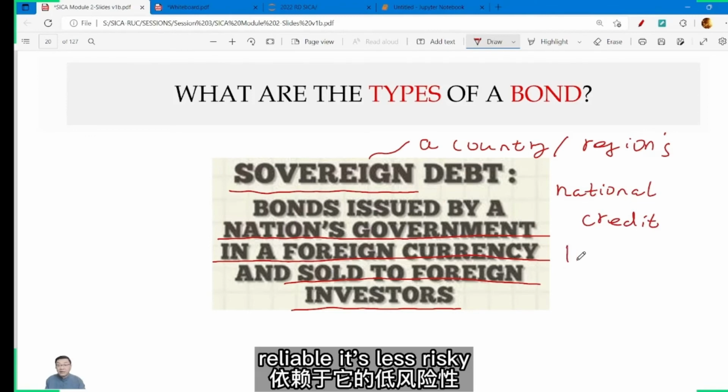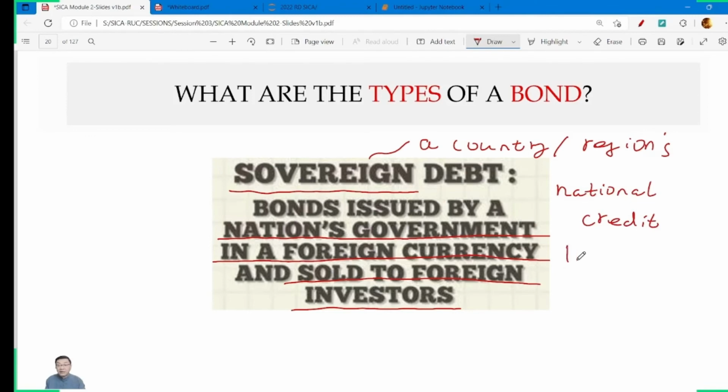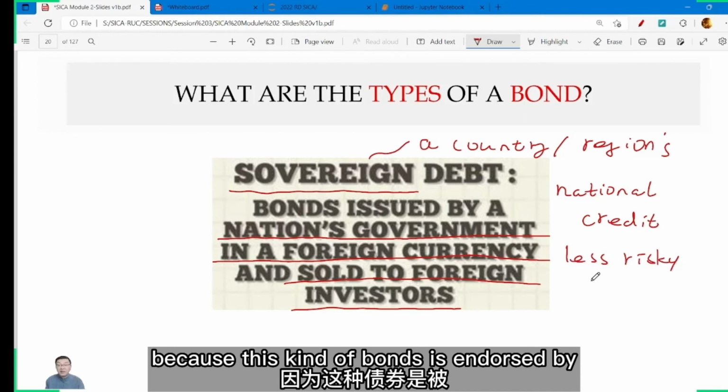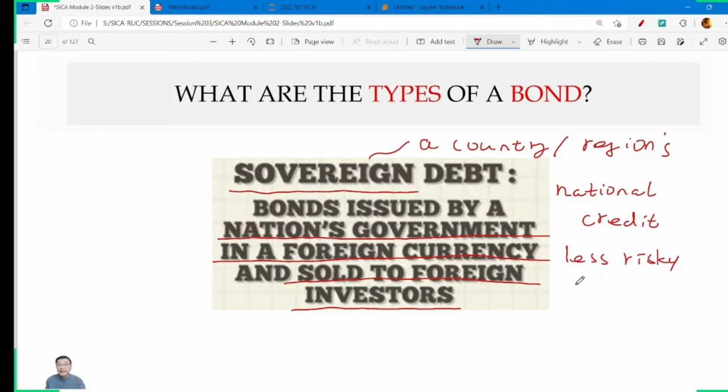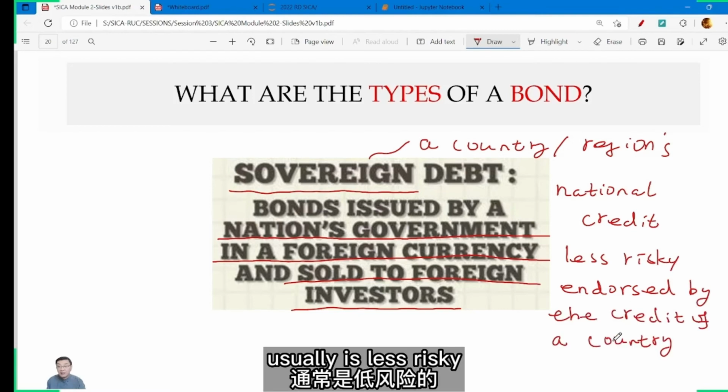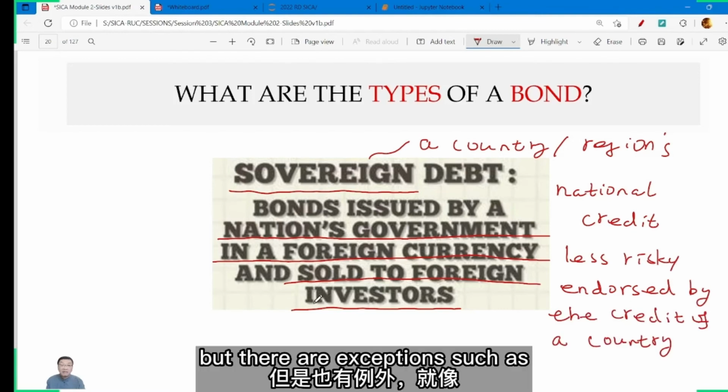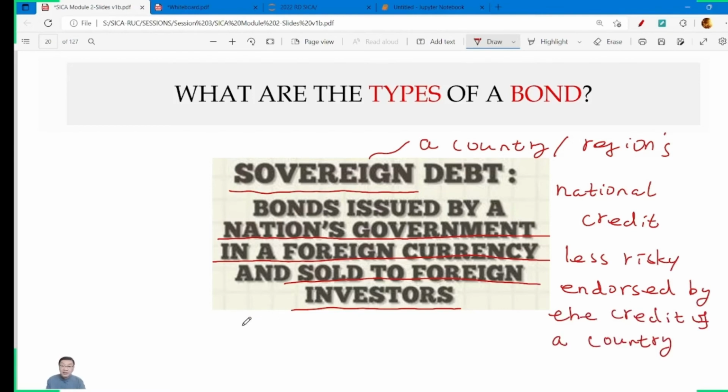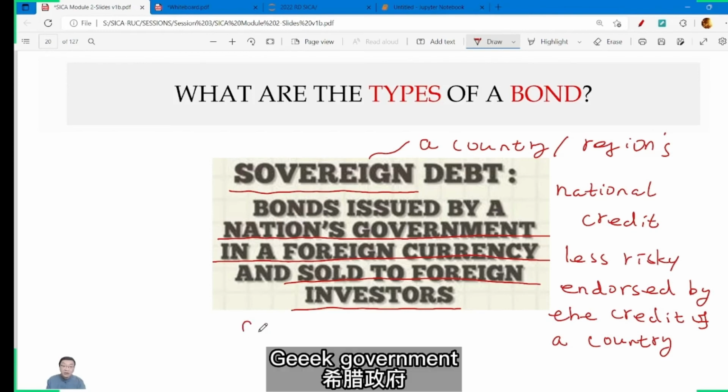It's less risky, because this kind of bond is endorsed by the central government of a nation, endorsed by the credit of a country. Usually it's less risky, but there are exceptions, such as many years ago, the Greek government.